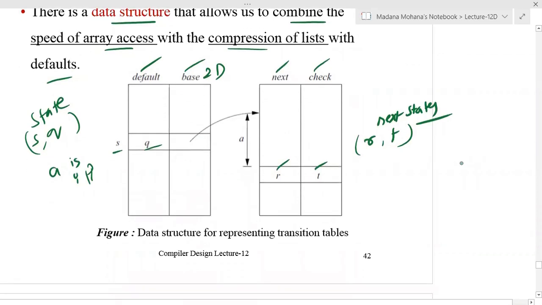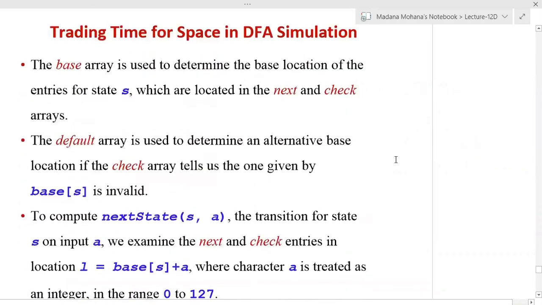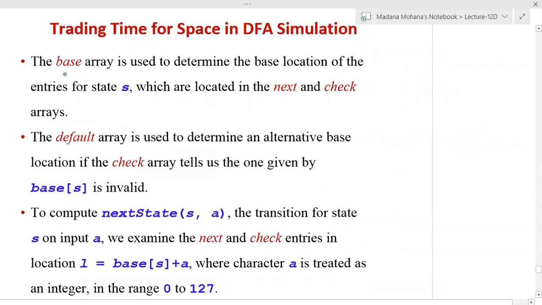So this is the data structure for representing transition tables. So here you can see the base is an array used to determine the base location of entries for the state S, which are located in the next and check arrays. The default array is used to determine an alternative base location if the check array tells us the one given by base of S is invalid.